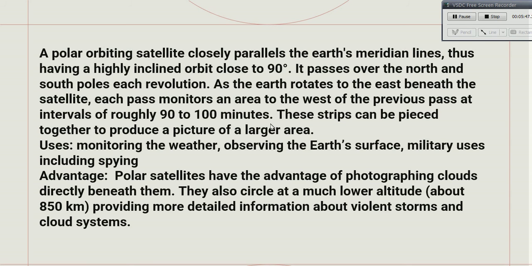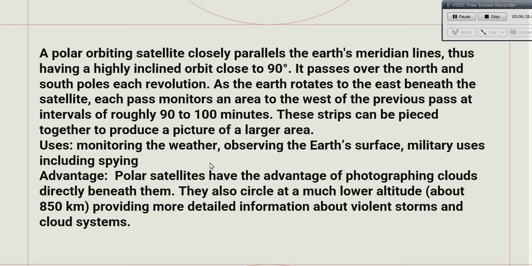A geostationary satellite takes 24 hours, while this needs nearly 90 to 100 minutes. These strips can be pieced together to produce a picture of a large area, our so-called Google Earth technology, which takes data from polar satellite beams, because each time within 90 to 100 minutes it completes one revolution. So it's very helpful for us.